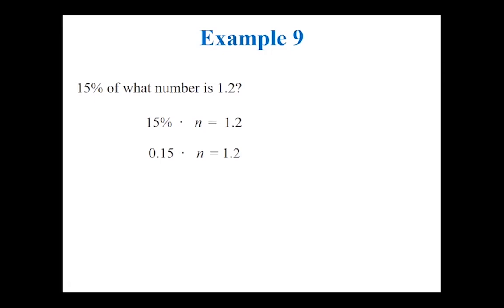And this time, our numbers aren't on the same side. We can't just multiply with the calculator. We have to get n by itself, which means we need to get rid of timesing by 0.15. We get rid of multiplying with dividing. So we divide both sides by 0.15. We get that n is whatever 1.2 divided by 0.15 is, and our calculator tells us that it is 8.